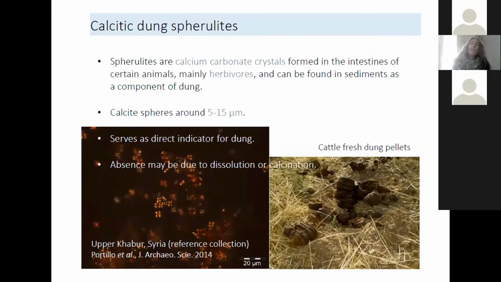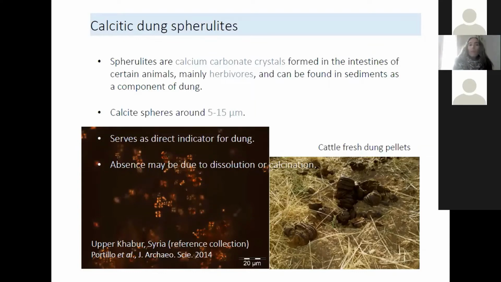These micro remains are calcium carbonate crystals, which are formed in the guts of many animals, especially in herbivores, and ruminants are the most producers, and are indicative of dung. They are found as a component of the dung. They are tiny, very small, about between 5 and 15 microns.